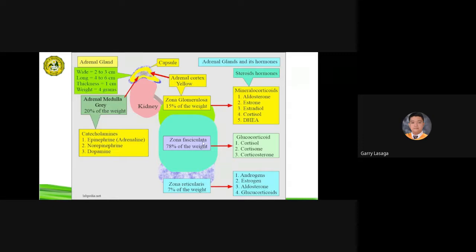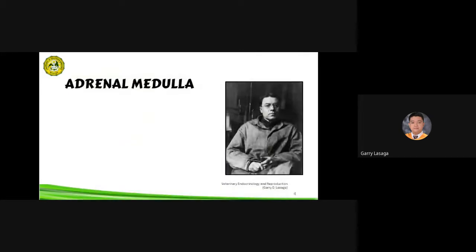For the zona fasciculata, it also produces cortisol, which is mainly produced in the fasciculata. And the zona reticularis also produces glucocorticoids, but only in small amounts. So they are not exclusively being produced at one portion or at one zone of the adrenal cortex, but they are also produced in some other zones of the adrenal cortex.